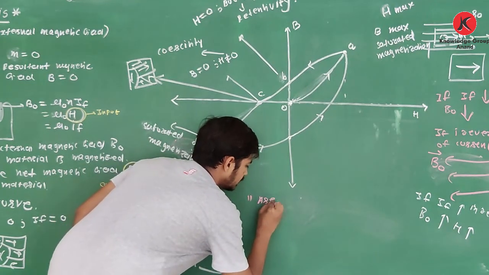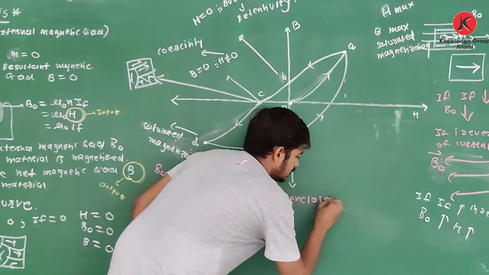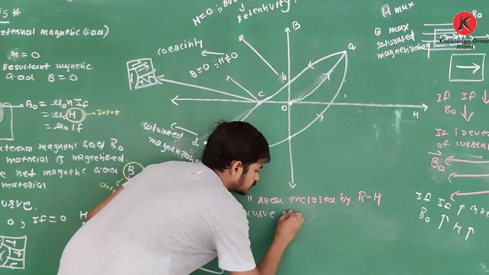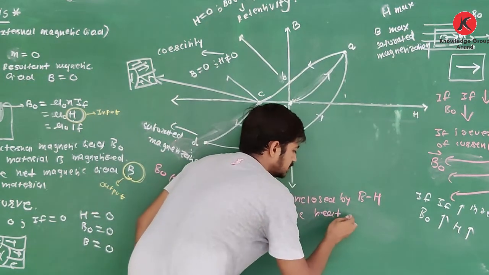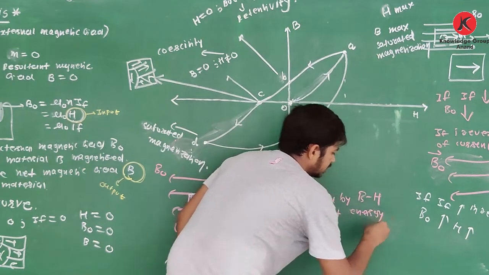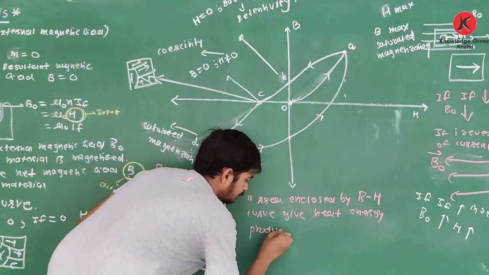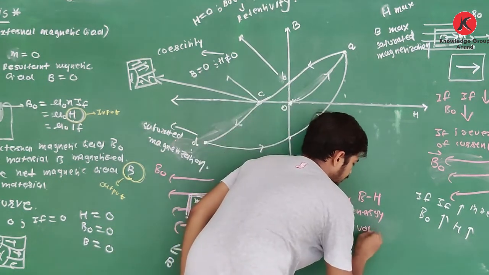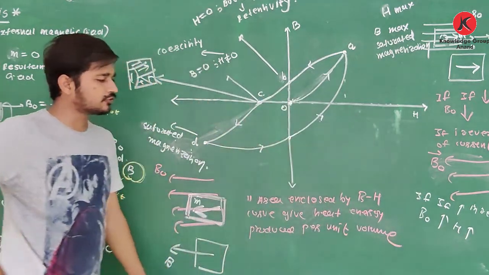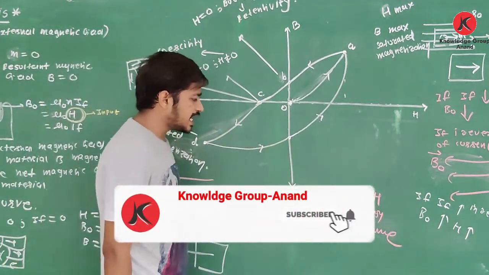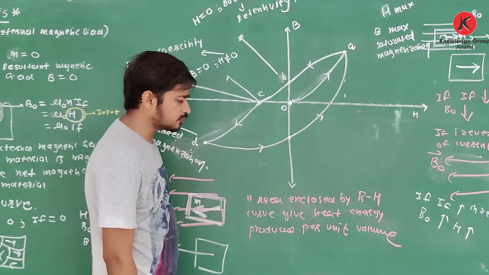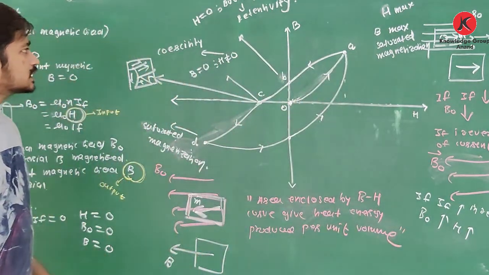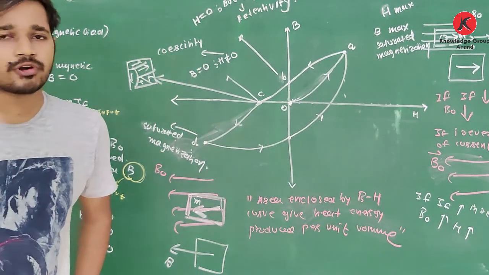The area enclosed by the BH curve gives the heat energy produced per unit volume. Clear about this? So you have to remember this. The area enclosed by the BH curve gives the heat energy produced per unit volume. So it is hysteresis that you have to remember.